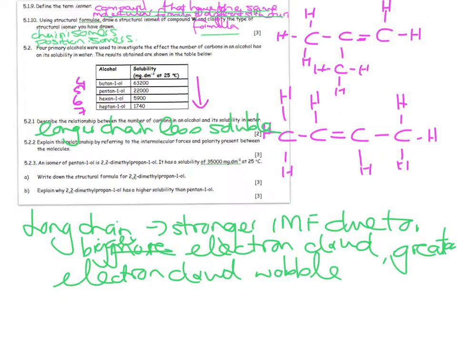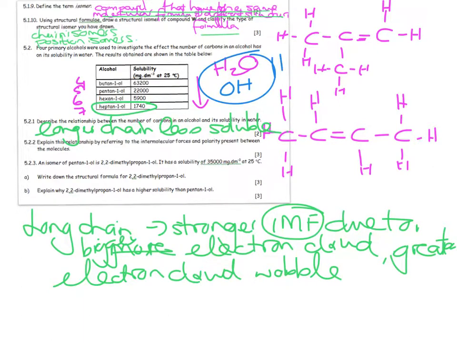Therefore, bigger molecules it will be more difficult for them to dissolve because their own intermolecular forces are stronger. Also notice that dissolving in water, both water and alcohol have hydrogen bond forces, so they're similar strength forces.